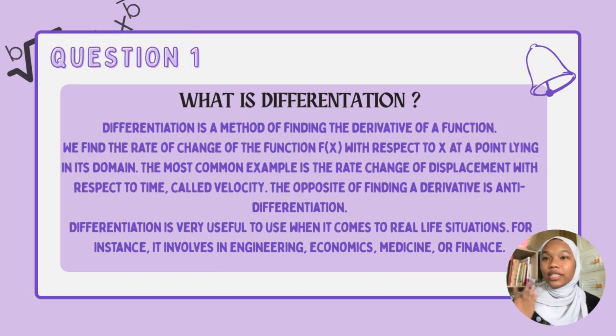What is differentiation? Differentiation is a method of finding the derivative of a function. We find the rate of change of the function f(x) with respect to x at a point lying in its domain. The most common example is the rate of change of displacement with respect to time, which we call velocity.